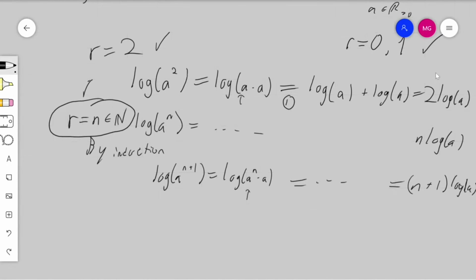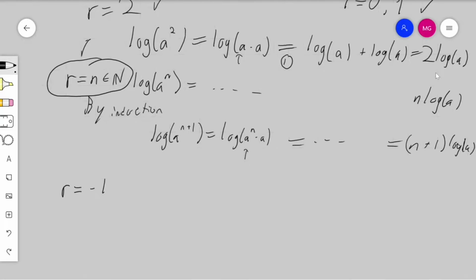Now, what about the case r equals minus 1? So this will at least get us started in the negatives. And so in this case, what we have is log of a to the power minus 1. And we want this to be equal to minus log of a.